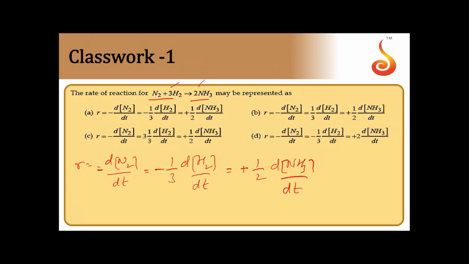So minus dN2 by dt, minus 1 by 3 dH2 by dt, plus 1 by 2 dNH3 by dt. A is the answer.